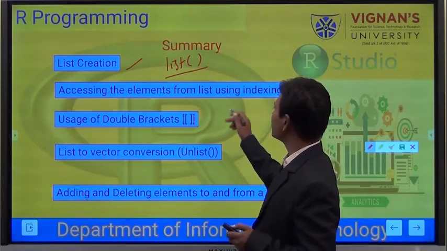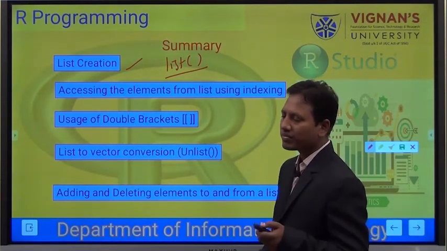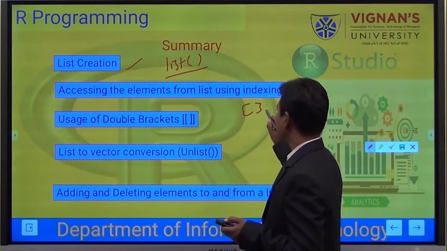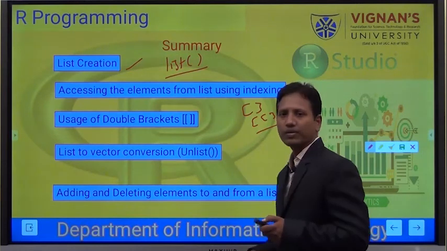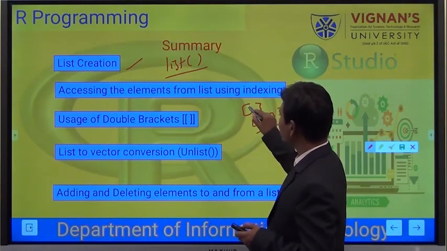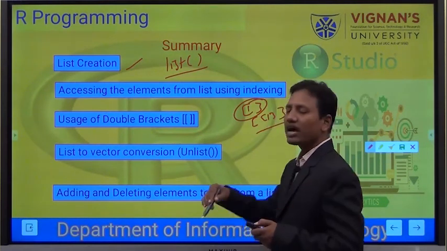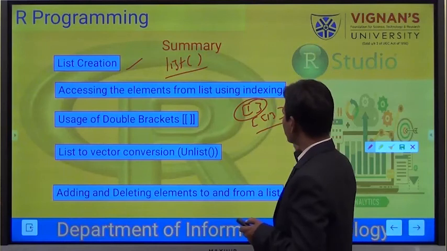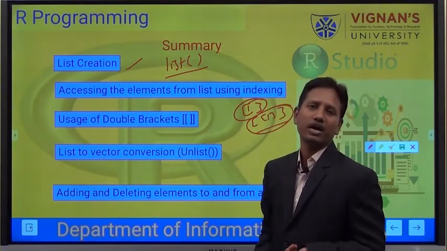And accessing the elements from the list using indexing. Here we have to remember 2 things: single bracket and double bracket. In this we use the index values. If I use the single bracket, the items are represented as list items. When you use double brackets, the items are represented as independent items.